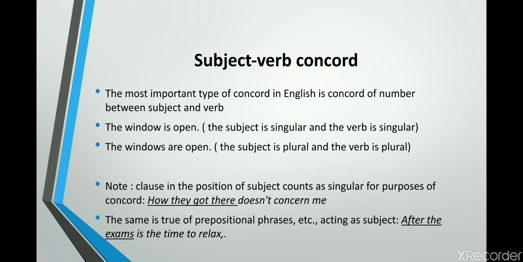How they got there does not concern me. Notice here the subject, which is a clause, how they got there. Although it contains the pronoun they, we consider it as singular since we used the verb does, which is used with a singular subject.